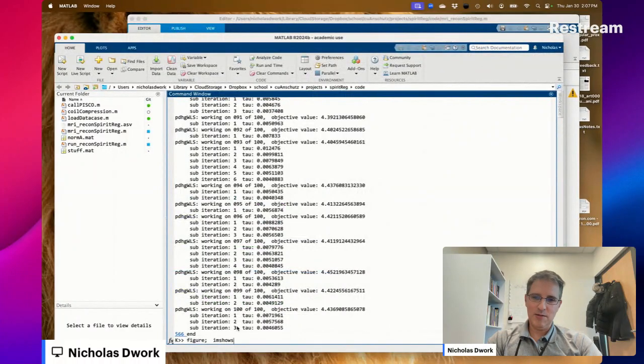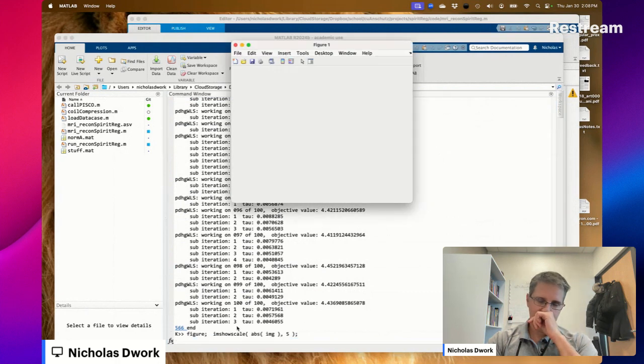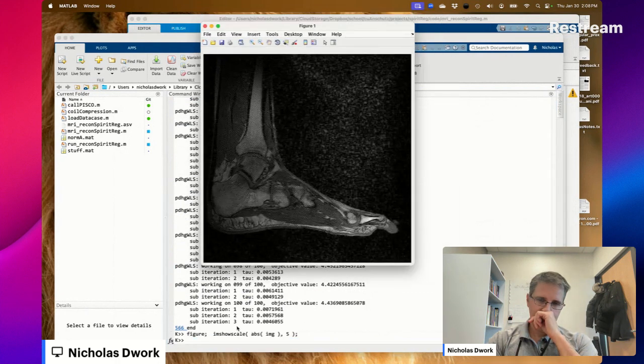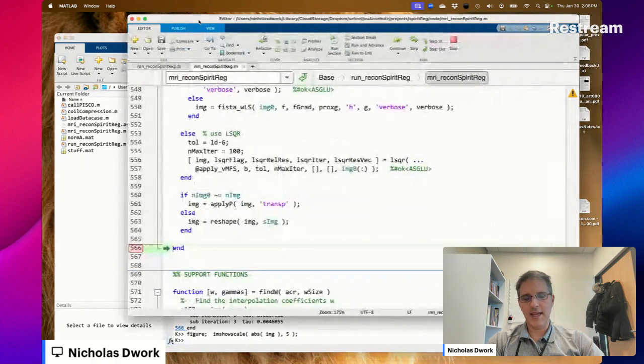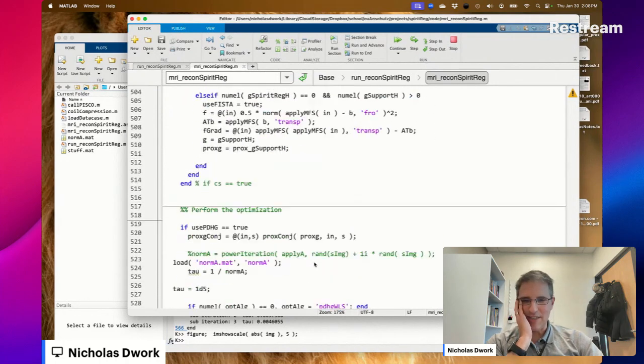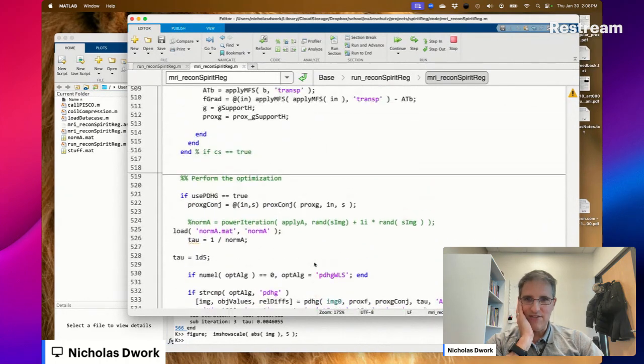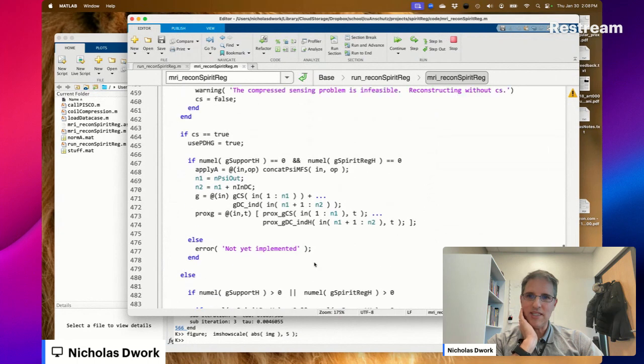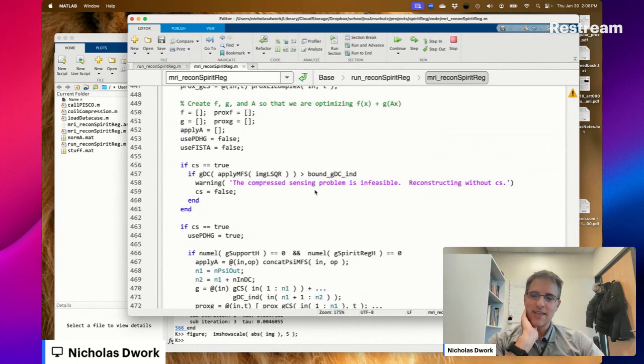Bigger. I'm going to show scale, absolute image 5. That's still terrible. That just can't be. The problem's at least feasible. But for some reason, compressed sensing is doing nothing at all. This can't be.